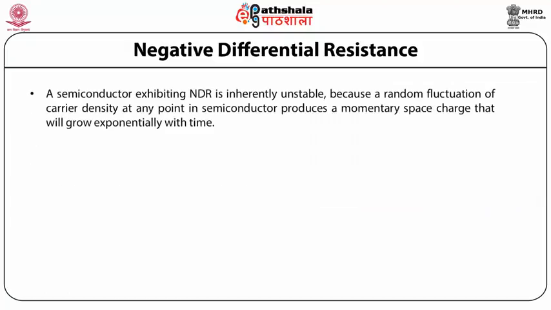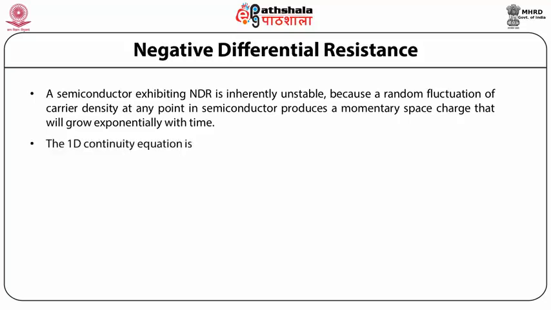A semiconductor exhibiting the negative differential region, NDR, is inherently unstable because a random fluctuation of carrier density at any point in the semiconductor produces a momentary space charge that will grow exponentially with time.